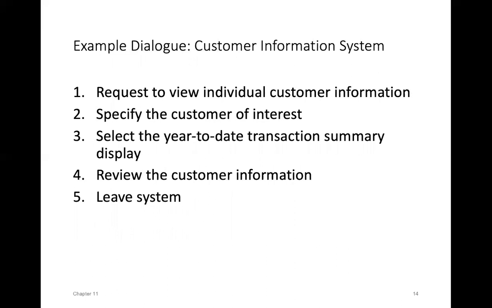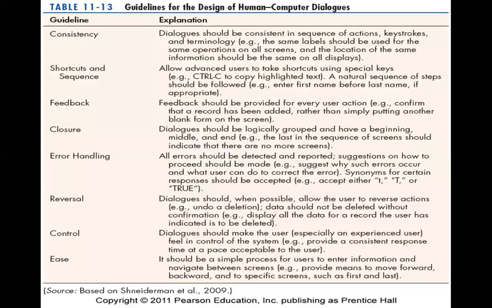So when it comes to designing the guidelines for these dialogues, what do we need to think about? There are 9 different guidelines that we need to consider when we're designing these dialogues, and here they are. First one, consistency.